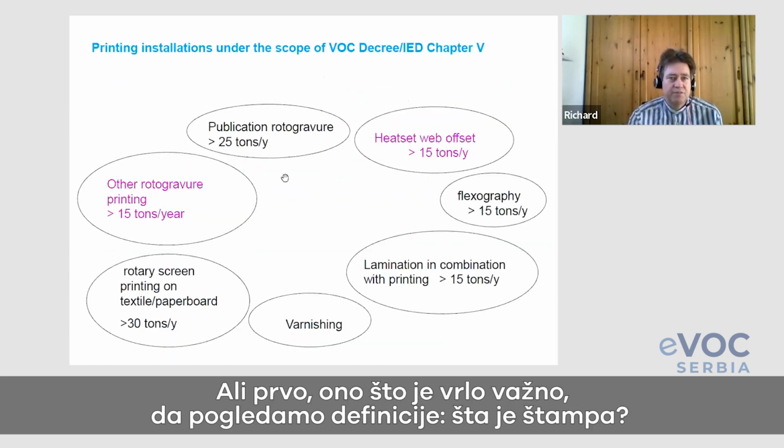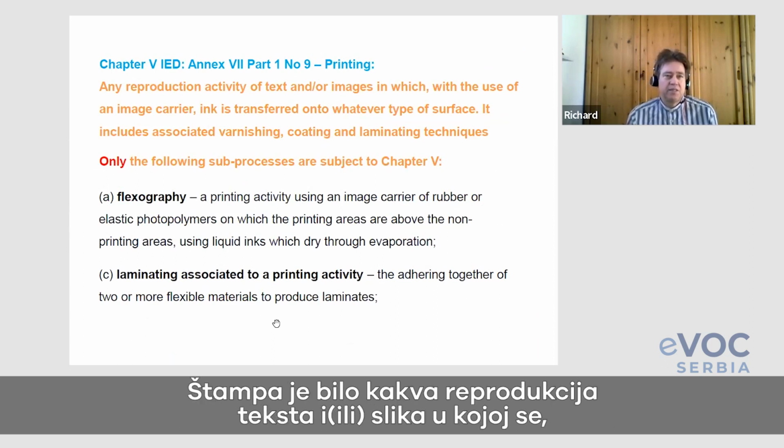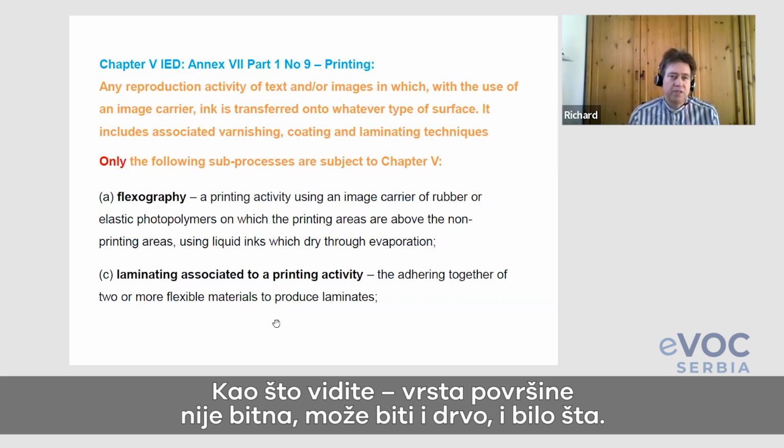But first, and that's very important, we have to look at the definitions. What is printing? As you can see here, printing means any reproduction of text and/or images in which, with the use of an image carrier, the ink is transferred onto whatever type of surface. So the surface or the type doesn't matter.